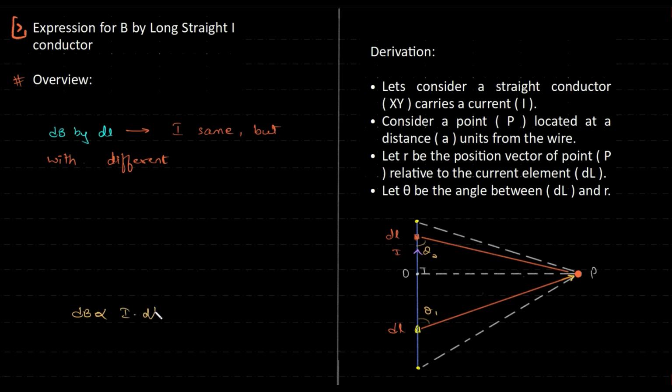This is constant. dl sine theta by r square. The small length dl is also constant. This varies, and this also varies, how far it is. So all in all, this varies with different r and theta.